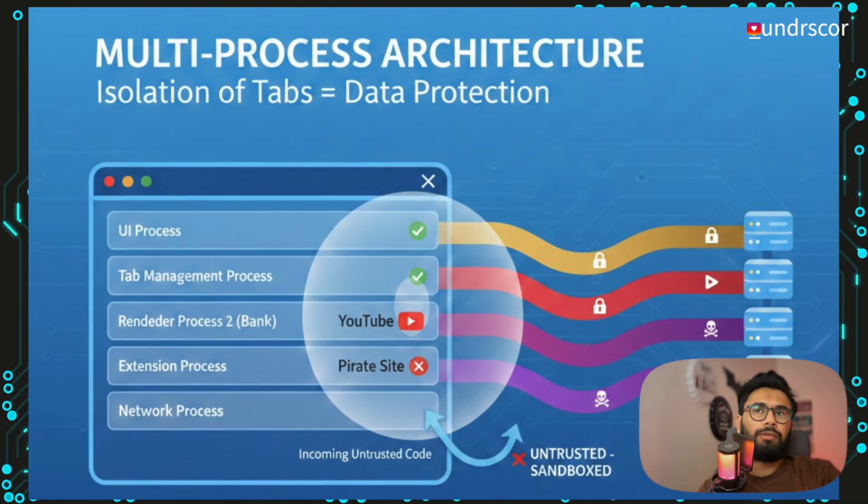When the code comes from the server to the browser, it is always treated as untrusted code. So it treats the untrusted data by running it inside a sandbox. It does not have any direct file system access, OS-level APIs, or elevated permissions, so that it does not have access to other data.